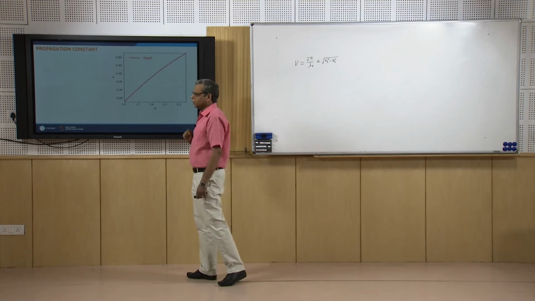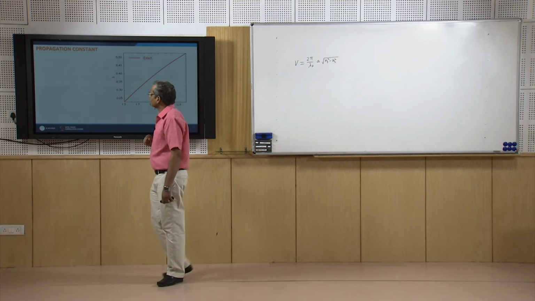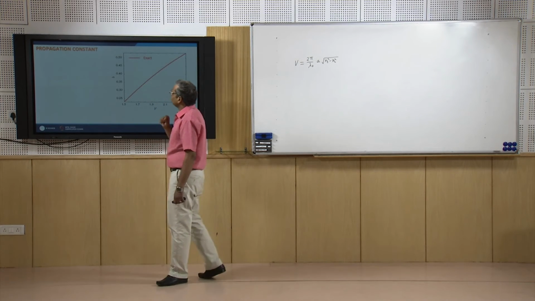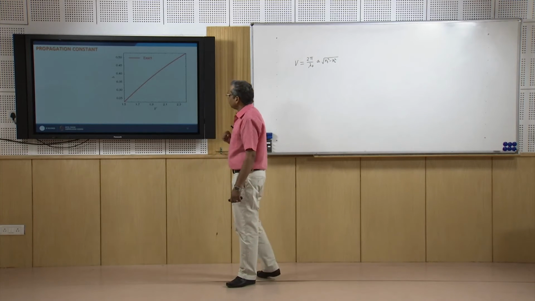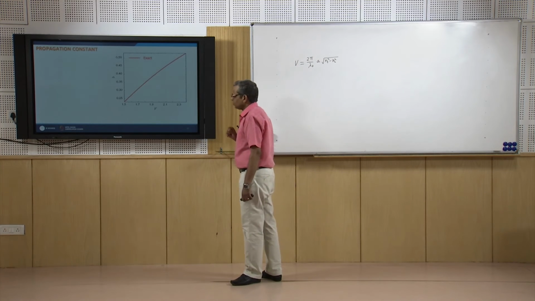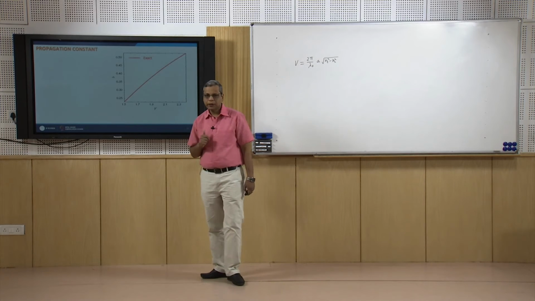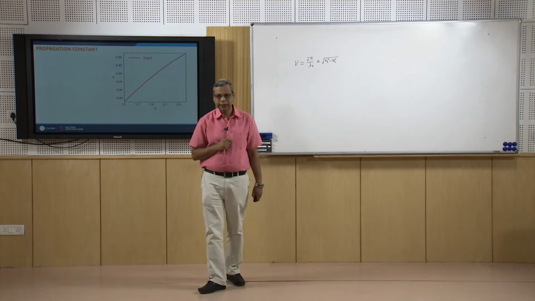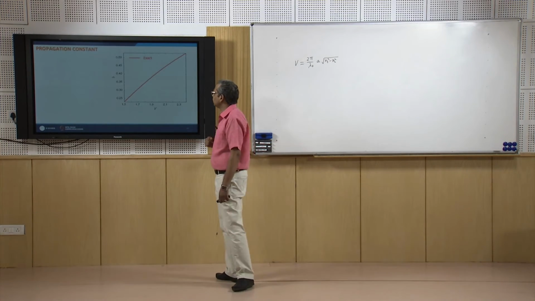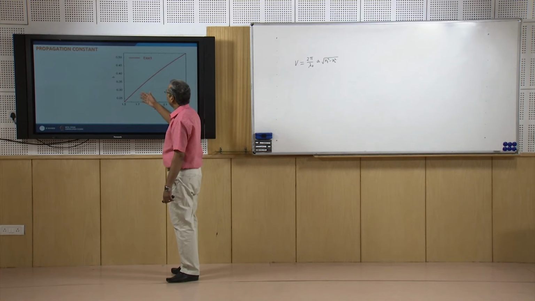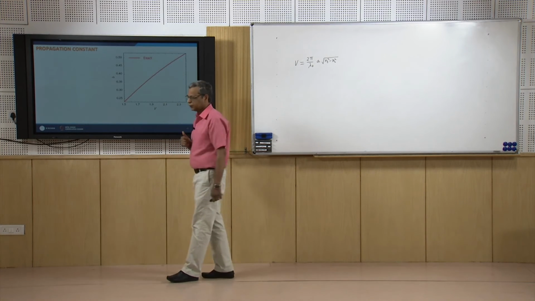Next thing is propagation constant. If I look at the BV curve of LP01 mode, because it is a single mode fiber, only the LP01 mode is guided. It looks like this.